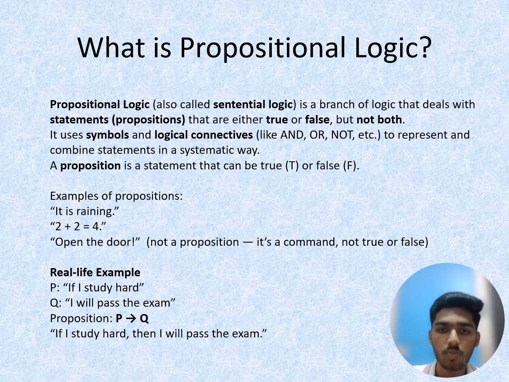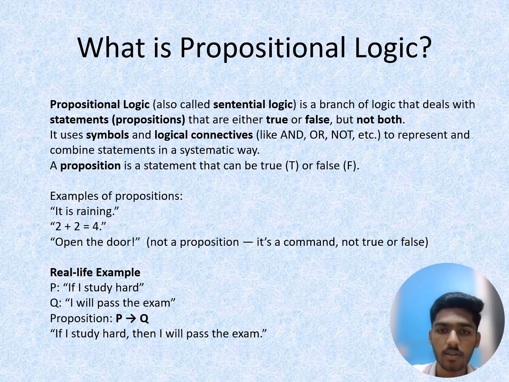What is propositional logic? So, what exactly is propositional logic? It's a branch of logic that deals with statements called propositions. A proposition is any statement that can be definitively true or false, but it can't be both. For example, it is raining is a proposition.